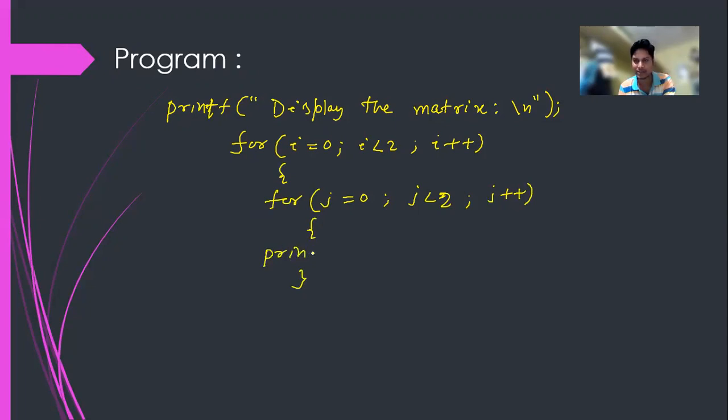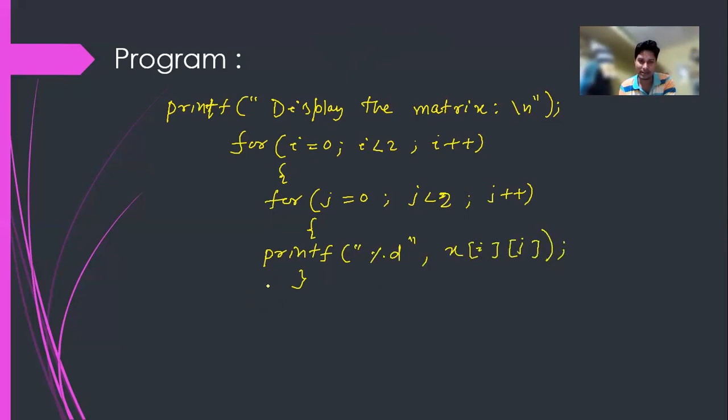Nested for, I'm using here nested for loop. So here I'm writing printf "%d" comma x of i j bracket and semicolon.